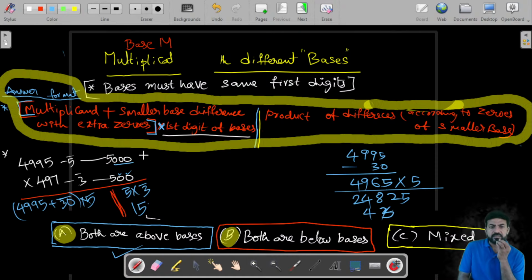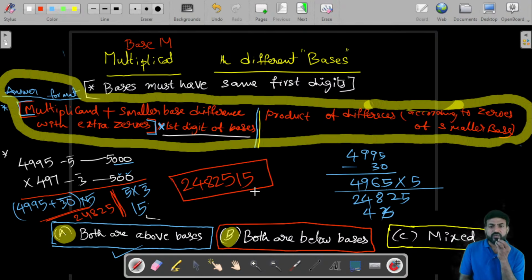So the total answer is 24825, and this is 15. If you combine both, the answer is 2482515.